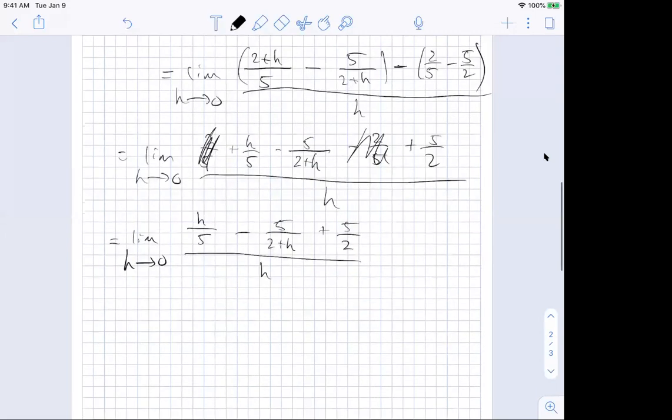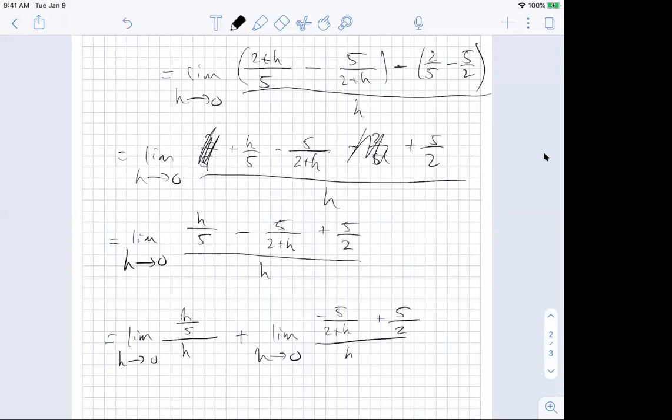From here, I want to remember that when I'm taking the derivative of a sum, that's the sum of the derivatives. So it's going to go a lot nicer for me if I break this up into the limit as h approaches 0 of h divided by 5, all divided by h, plus the limit as h approaches 0 of negative 5 over 2 plus h plus 5 over 2 divided by h.